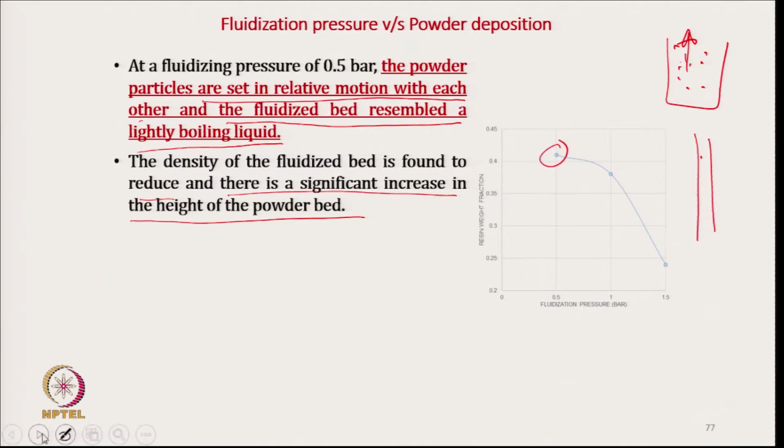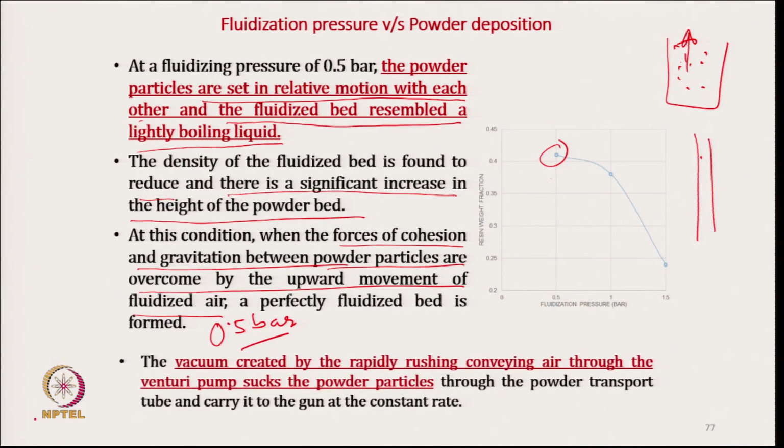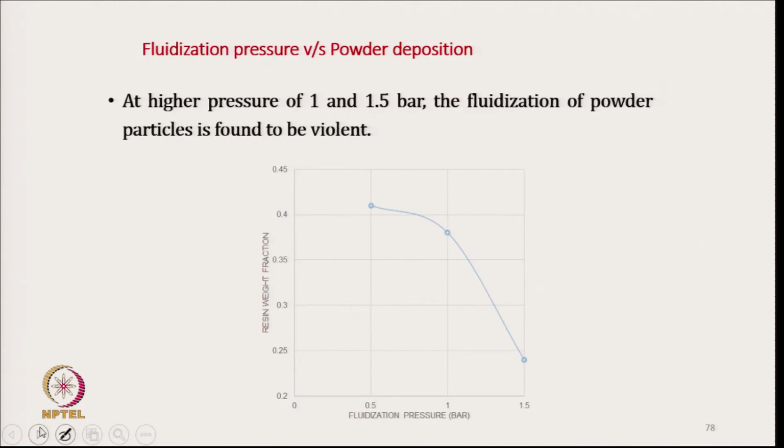That will affect the deposition. At this condition, the force of cohesion and gravitation between the powder particles are overcome by the upward movement of fluidizing air. So, at 0.5 bar pressure these things happen. This vacuum created by the flowing air helps in sucking the powder particles. At high pressure, so 1 and 1.5 bar, the fluidization of powder particles is found to be violent.